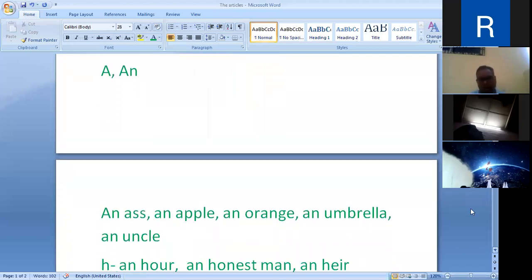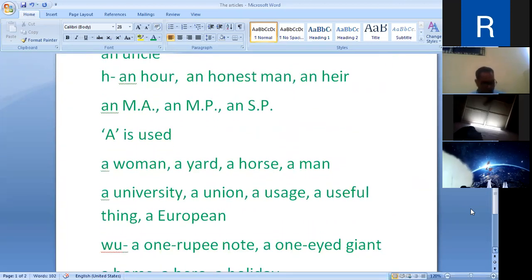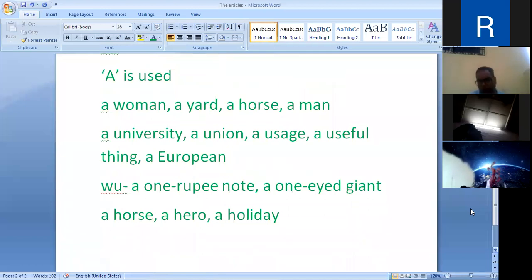Now, another use of A and AN will be decided according to the context. According to the context means the reference, the earlier and the afterwards part, or the backdrop. This context will also decide the use of article A or AN, not according to the sound.